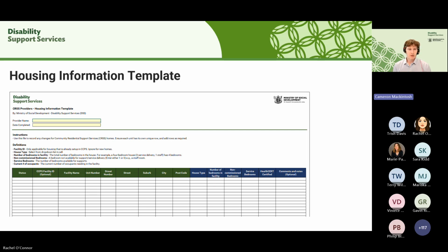What we'd be looking at here is under that status drop down, whether it's a new or an update or removing or closing. For the facility name and unit and street number and all the address information, that's fairly self-explanatory. And for the house information, we've got some definitions that will be available in the template. So next slide.